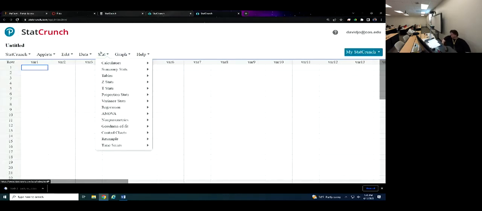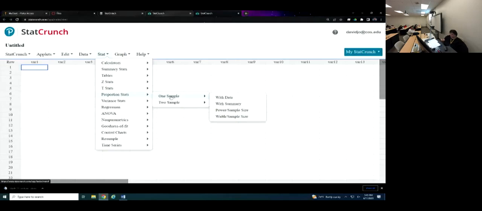We're going to go stats, proportion stats, one sample. Now, I don't have what every student selected by name. I just have a summary of their selections. It was in a table. So we're going to have to go with summary.